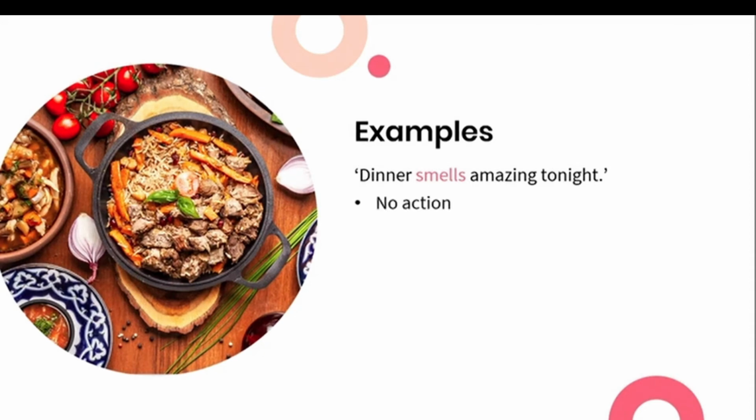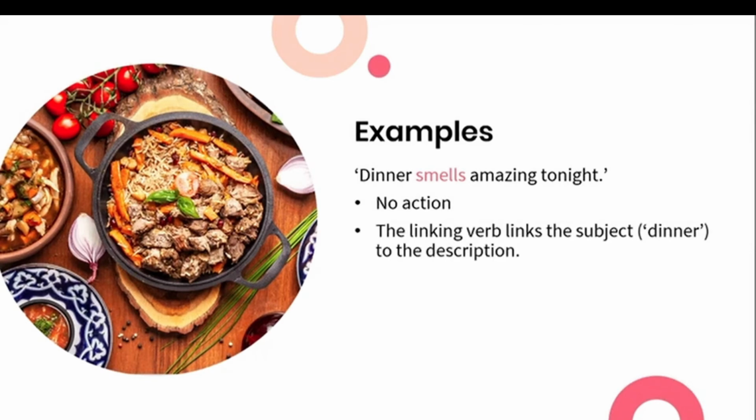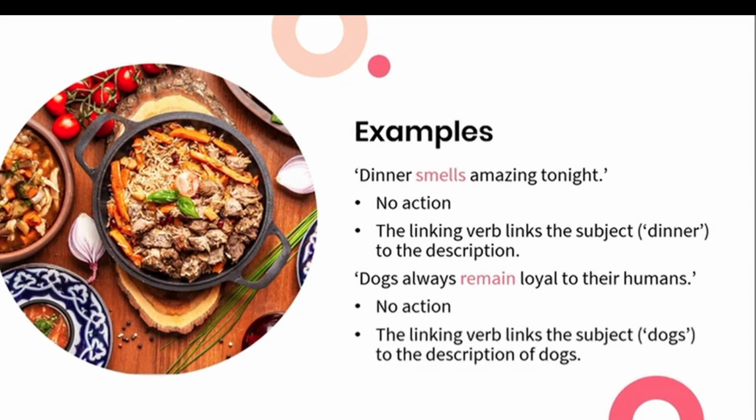There is no action taking place. The linking verb here simply links the subject dinner to the description of the dinner. Another example is remain in dogs always remain loyal to their humans. In this case, there is again no action taking place. Remain simply links the subject dogs to the description of dogs.